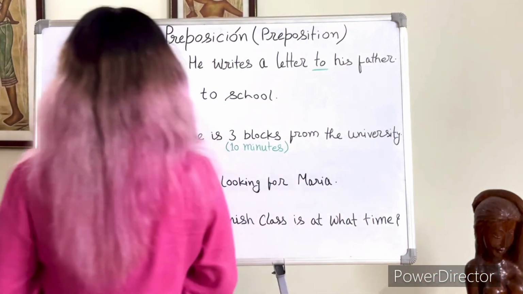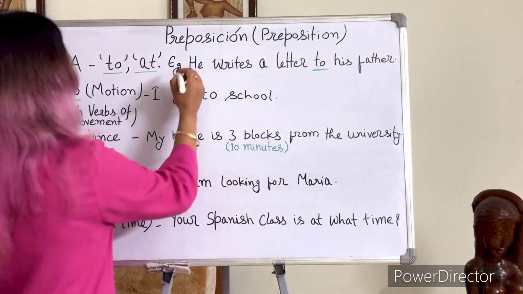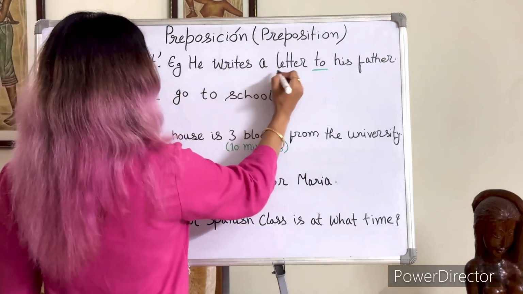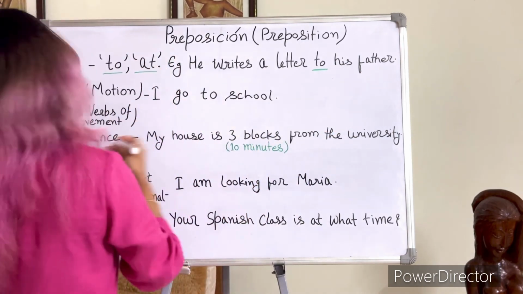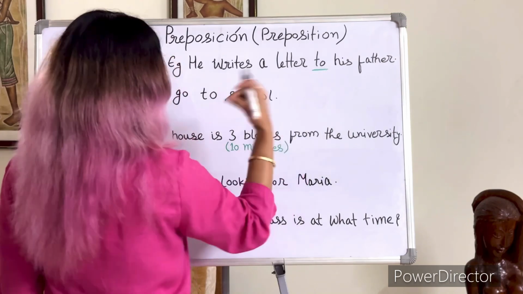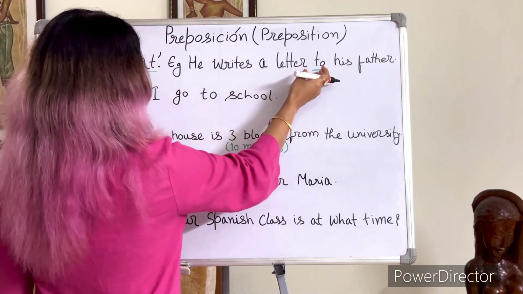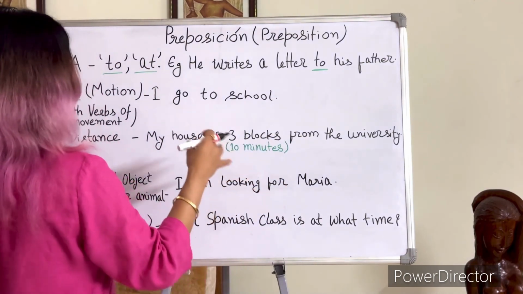Nuestro primer ejemplo es, our first example is, he writes a letter to his father. So, here you can see simple to is used as a preposition, and now we'll convert it in Spanish.